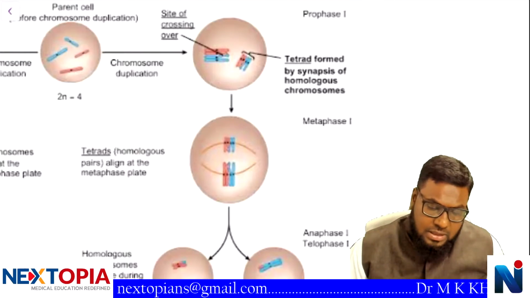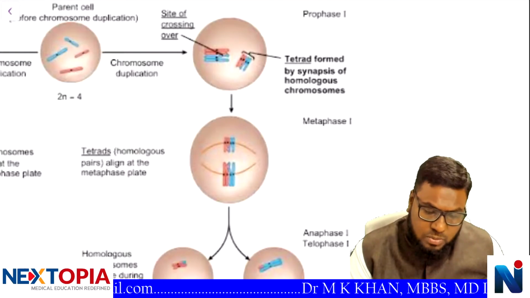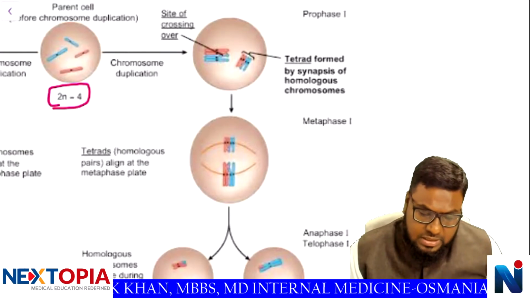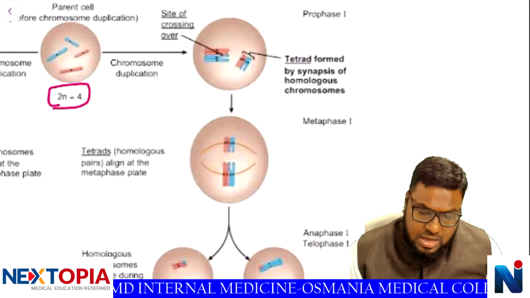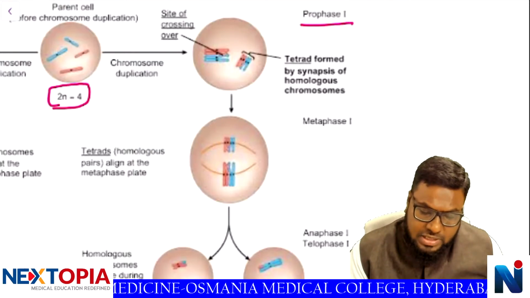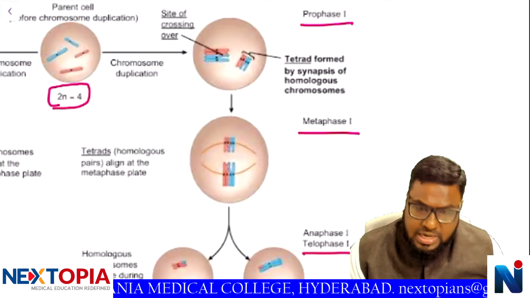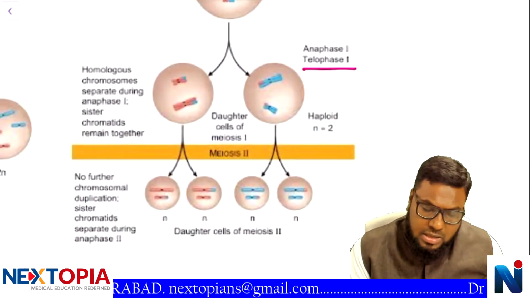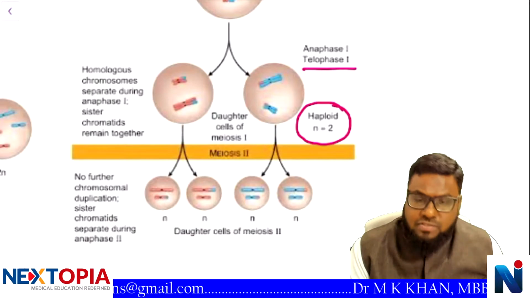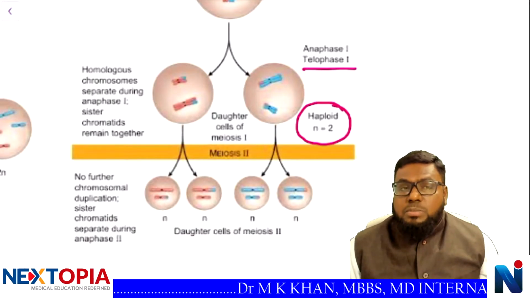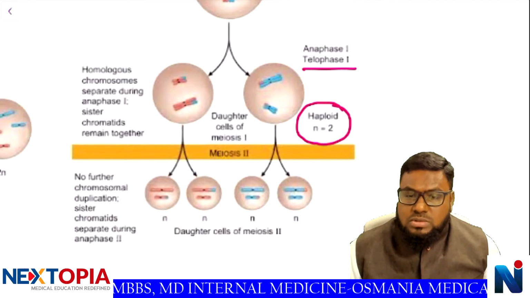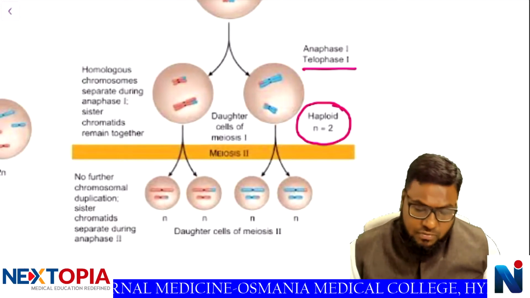For example, the division has started with 4 chromosomes here, if you can see 4 chromosomes. After prophase 1, metaphase 1, anaphase 1 and telophase 1, the number has reduced to half. This is meiosis. Meiosis is division of chromosomes.